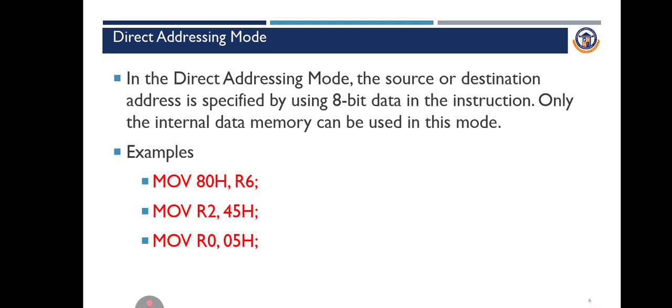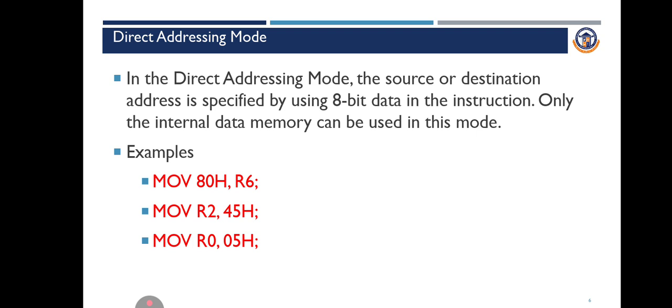Next is the direct addressing mode. In this direct addressing mode, the source or destination address is specified by 8-bit data in the instruction. Only the internal memory can be used in this mode. Here we have the examples.